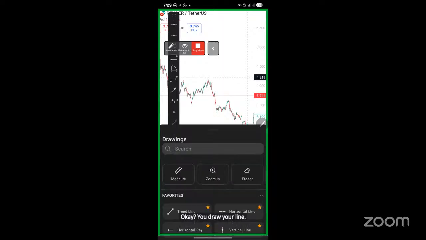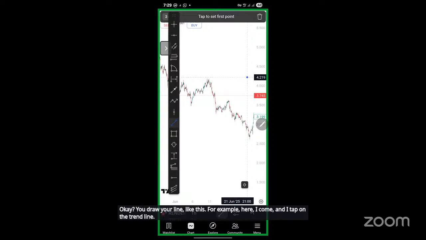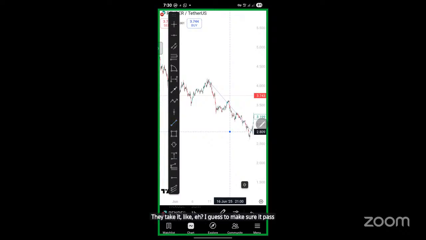For example, here, I come and I tap on the trend line. I tap on this, then after, I take it like this. I just make sure it passes within my 3 points.